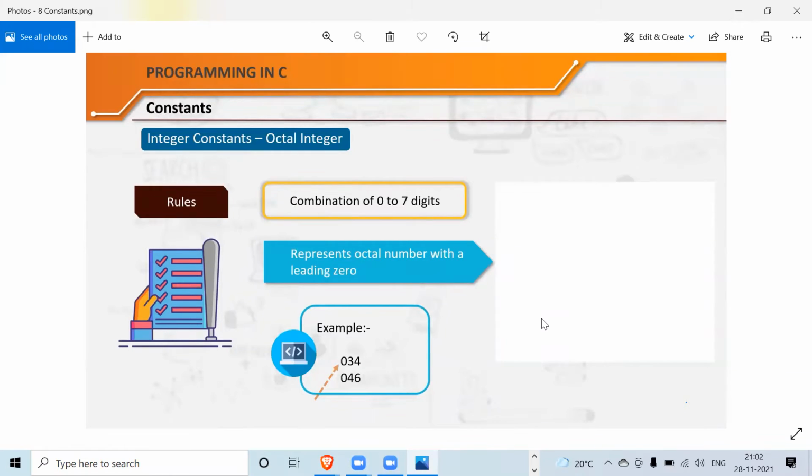Now, let's say someone wrote the number 3446. A person can easily get confused whether it is octal system or decimal system, because it falls both under 0 to 9 and also under 0 to 7.